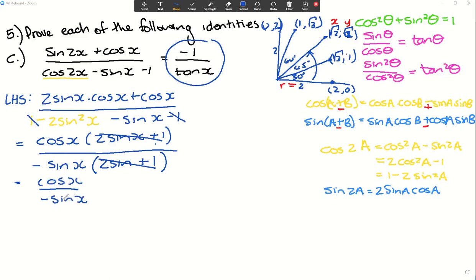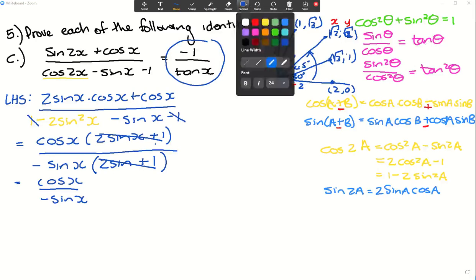Now this cos x over minus sin x, I know that my tan ratio is sine over cos. So if I flipped this, I would be able to get tan x, but I can't flip it. But I need to understand that if I flip this, surely I should be able to flip that. So let's look here.